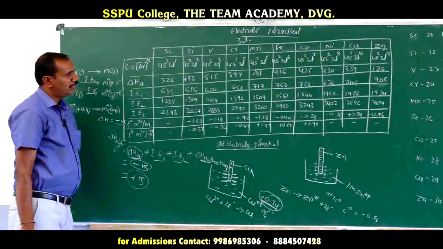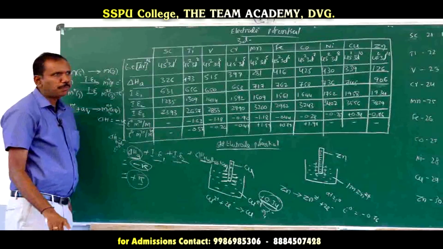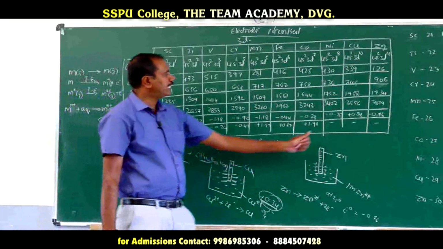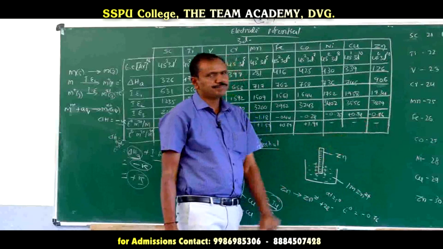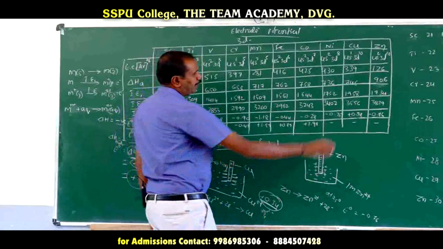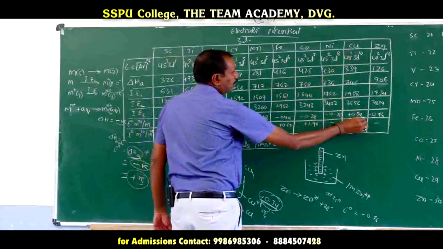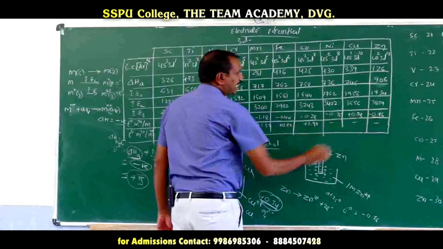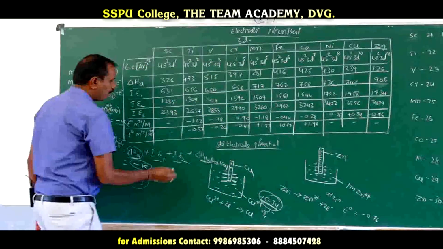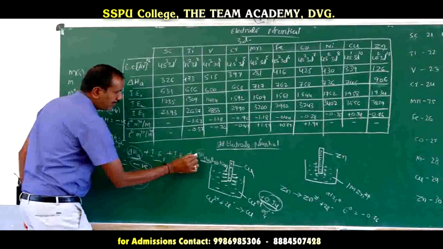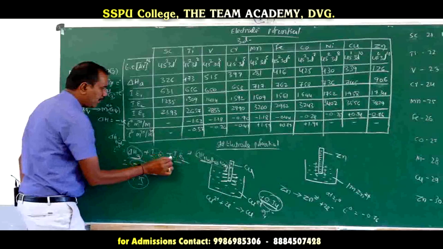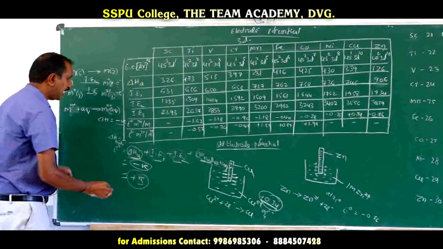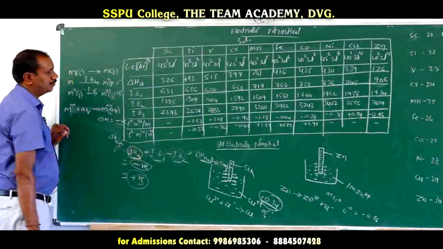For copper, Cu becomes Cu2 plus or Cu2 plus becomes Cu, and the SRP value is positive, but for zinc it is negative. Why? For zinc to have a negative value, delta H of hydration should be more, or the IE1 and IE2 values should be less, or delta H of atomization should be less.